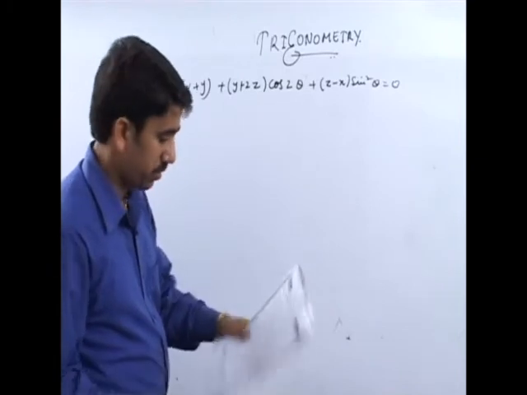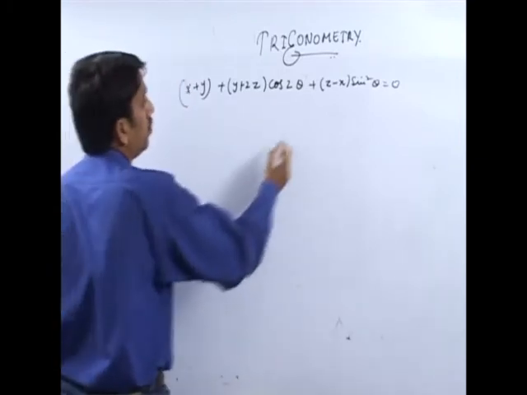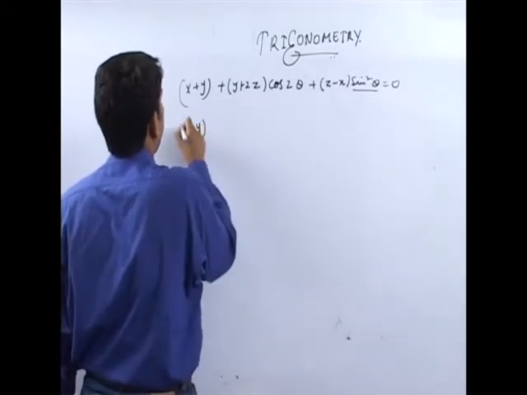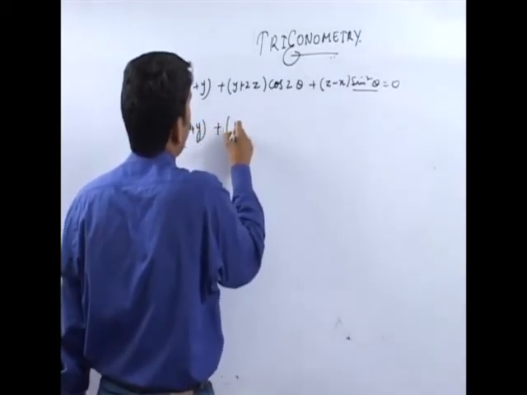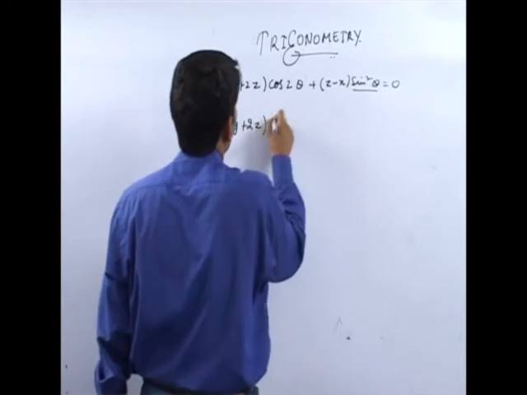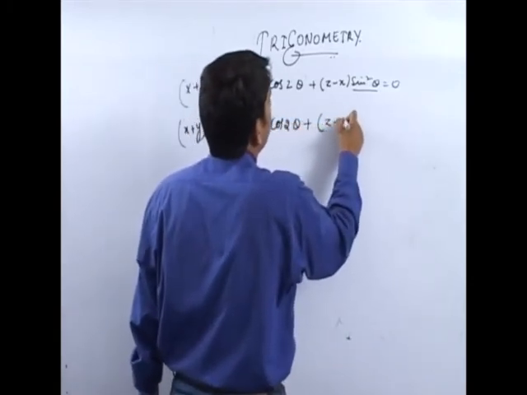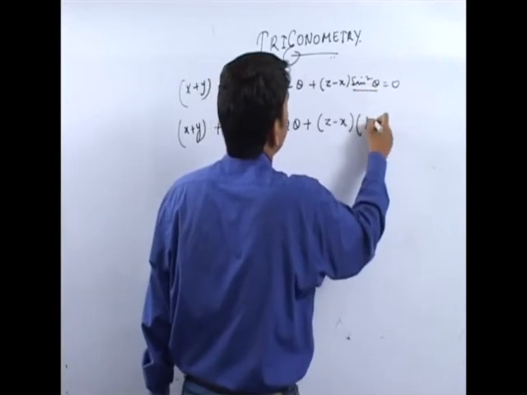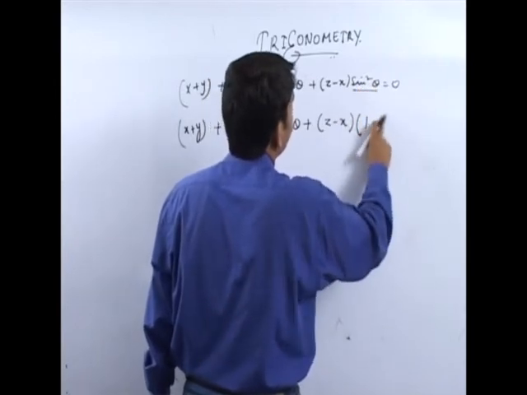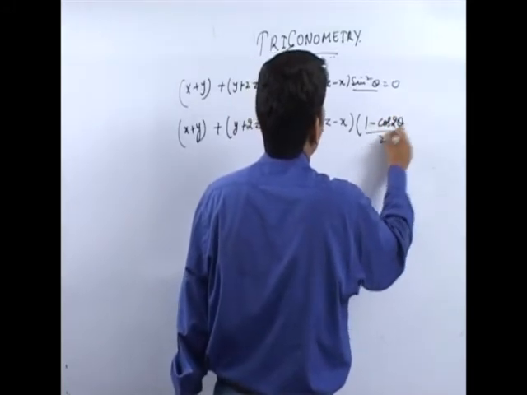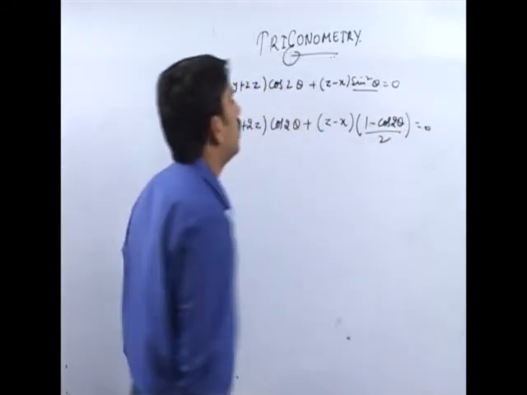Now to find these, first of all we will convert this sin squared theta into cos 2 theta by making a substitution. This is 1 minus cos 2 theta by 2 is equal to 0.